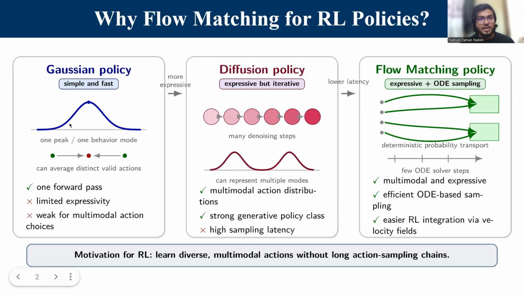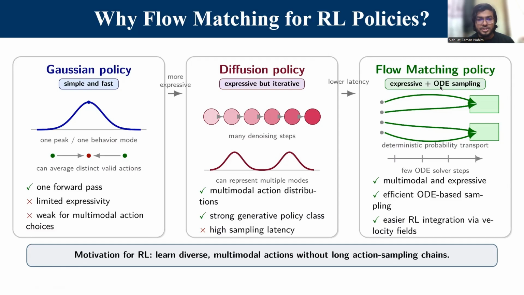But since they are inherently unimodal, they struggle with multimodal action choices, like they may average distinct valid actions, causing incorrect or catastrophic results. To fix this, people started using diffusion policies, which improve expressivity and can handle complex multimodal action distributions. But their flaw is in real-time control, where latency is a factor, like they are slower as they need long and iterative action sampling chains with many denoising steps.